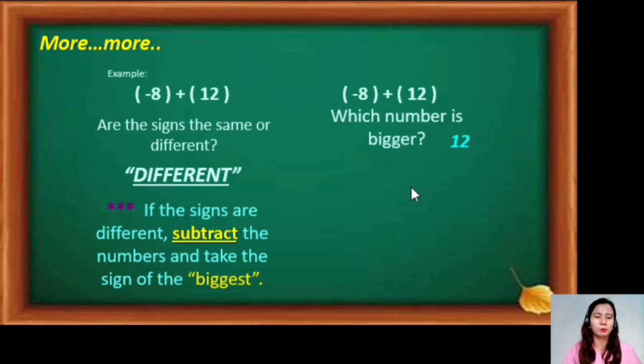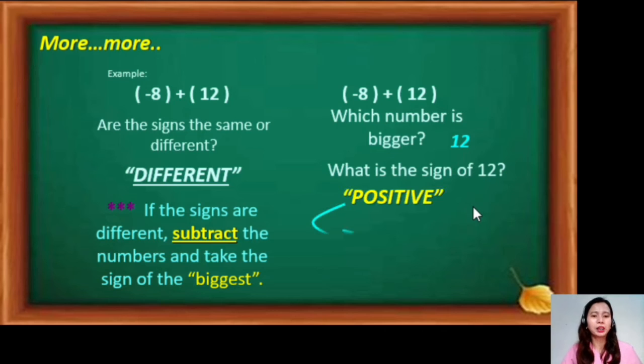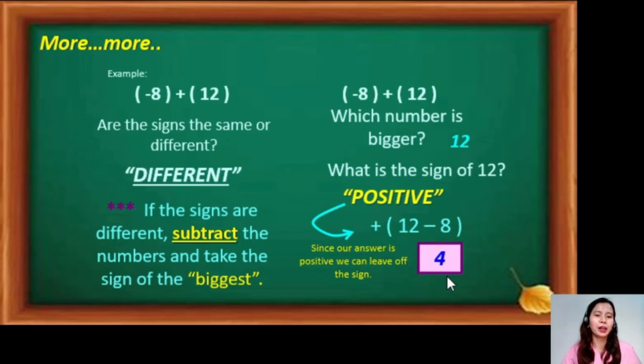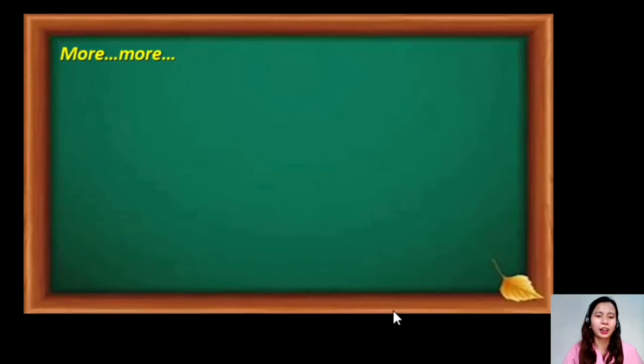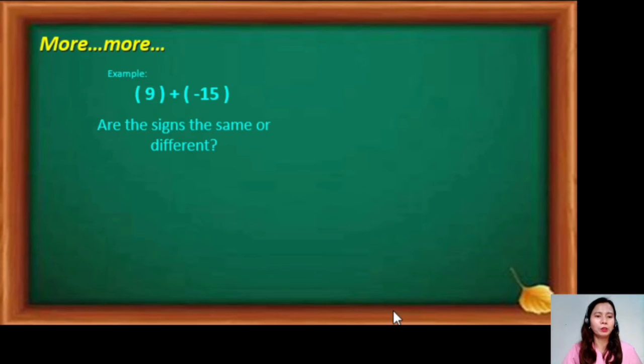Okay, correct, 12. What is the sign of 12? That is positive. So, 12 minus 8 is 4. Positive 4. Since 12 is positive, that is the reason why our answer is 4. No need for you to write the positive symbol.